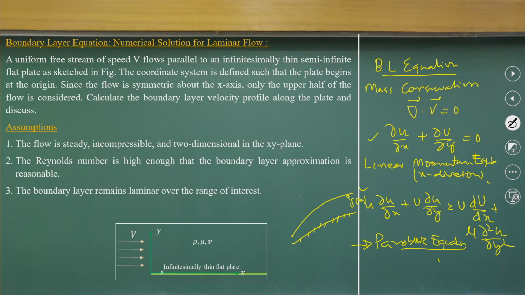If I take a control volume, I know the boundary conditions at the wall: u and v are both 0, that is the no-slip boundary condition.